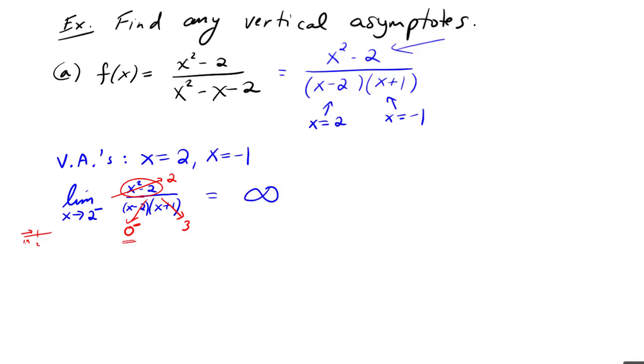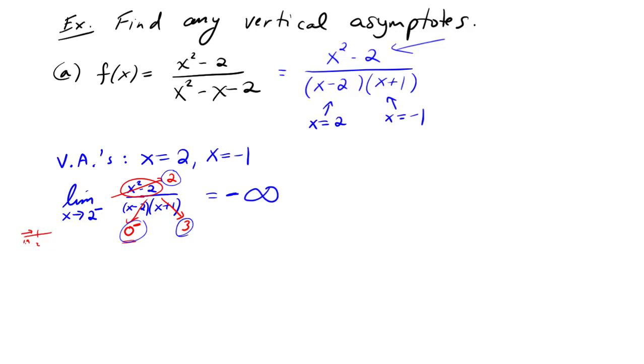But now I have to decide whether it's positive or negative, and for that I just do some sign counting. I've got a positive on top, a positive on bottom, and a negative on bottom. So I've got two positives and a negative. All these things together will give me a negative number, and specifically it's going to negative infinity.